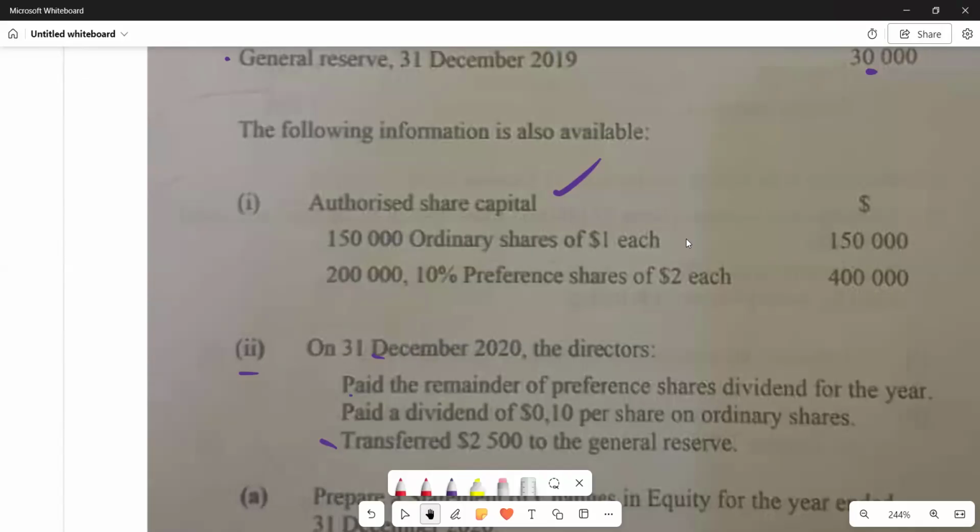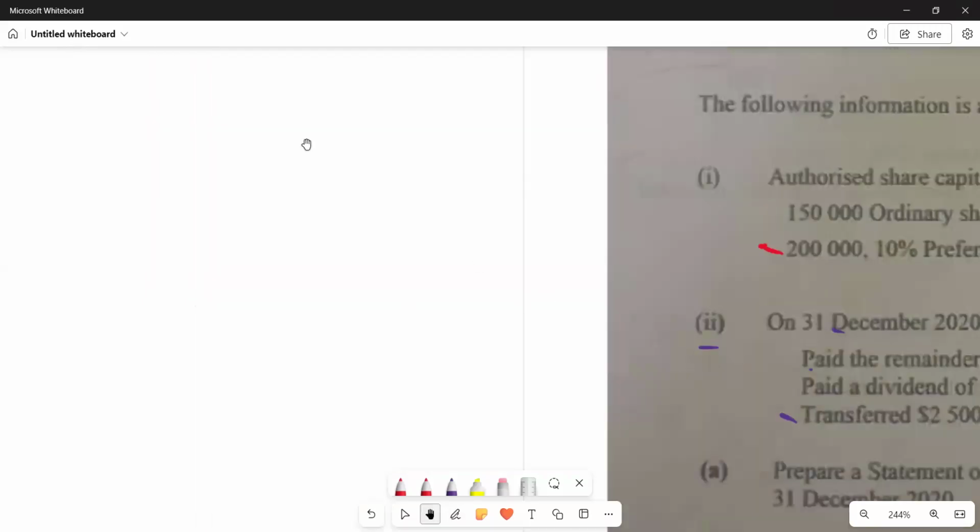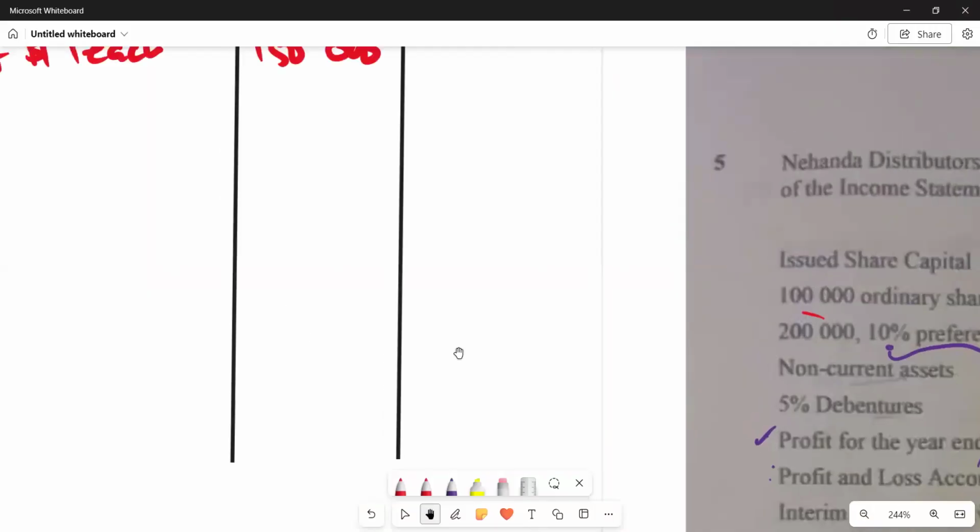So let's just try to see. Here we are given preference. We say 200,000, 10% preference shares of $2 each worth 400,000. So we can just go there and adjust the size, we will come here.